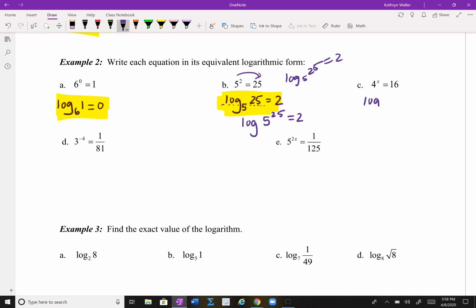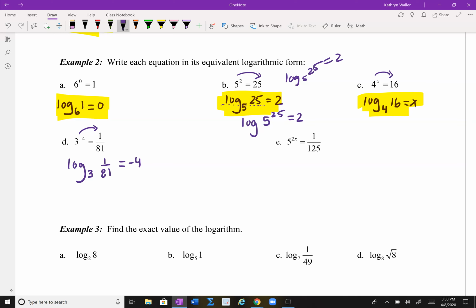Okay, so this one is log base 4. It's a subscript, so it's down below, of the other side, which is a 16, is equal to x. That's it, okay? Next one, write your log. The base here is a 3, so the base is a 3 of the other side, 1 over 81, is equal to -4.